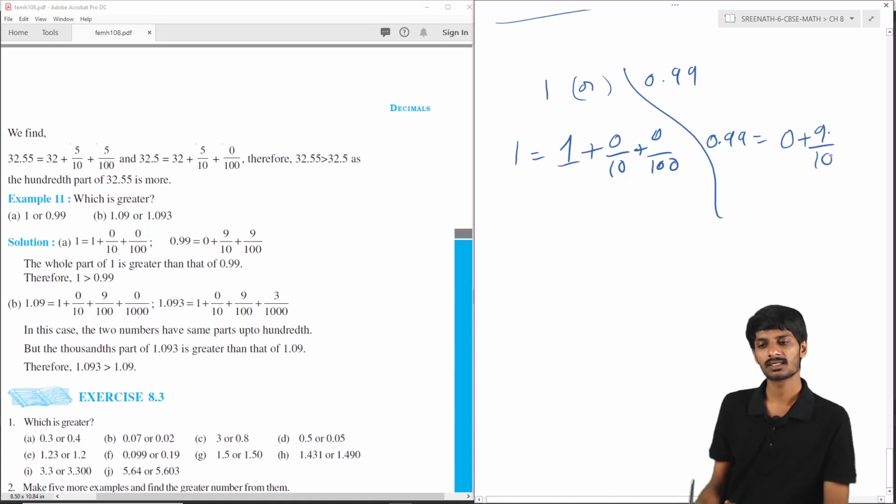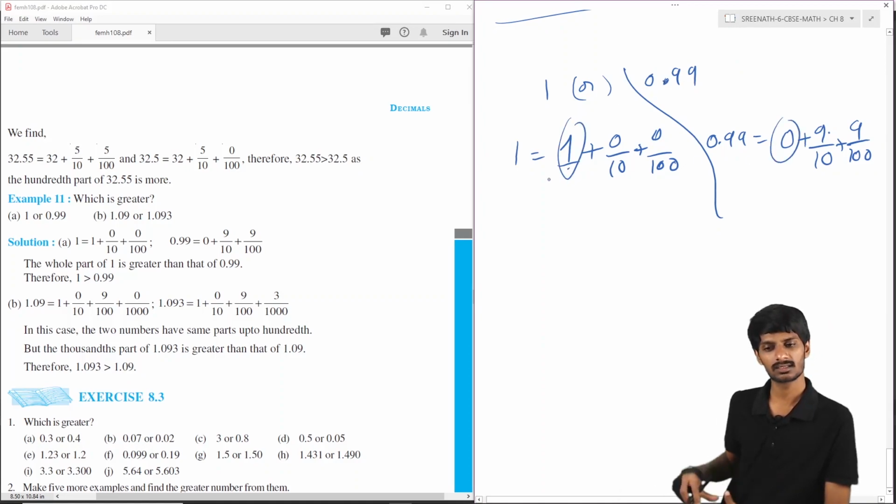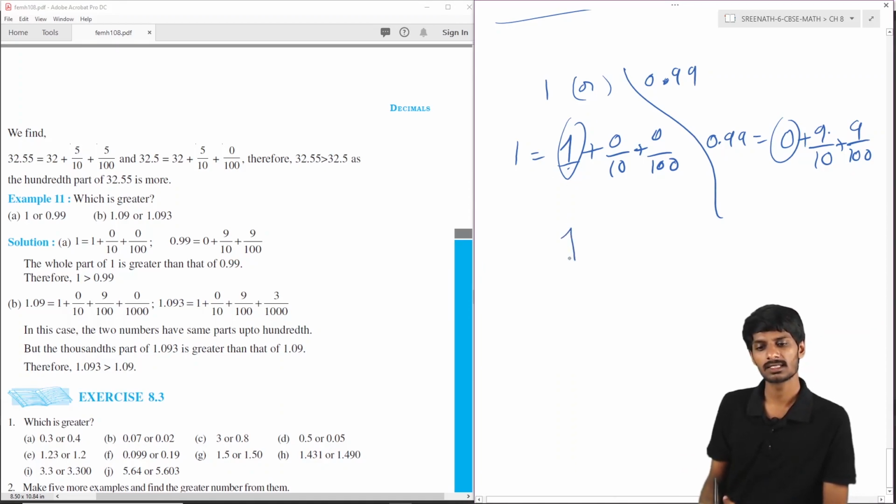That is 9 10ths. How many 100ths? That is 9 100ths. So first you compare the places left of the decimal point. You see here 1 is greater than 0. So obviously 1 is greater than 0.99.